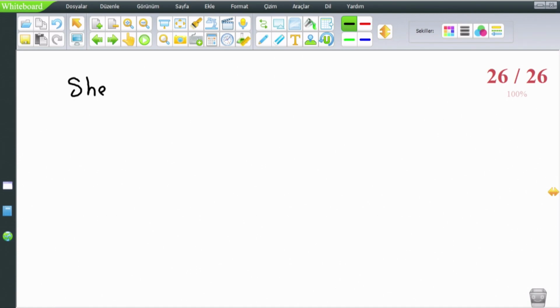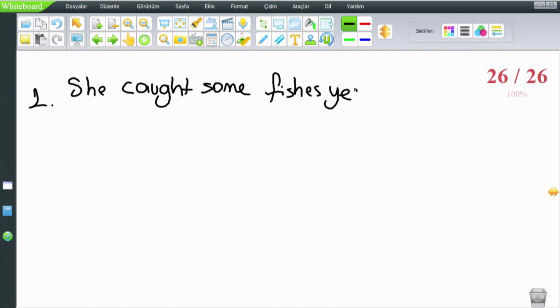Now we are going to write some affirmative sentences and then transform them into the negative ones. She caught some fishes yesterday. You can see the verb 2 here.